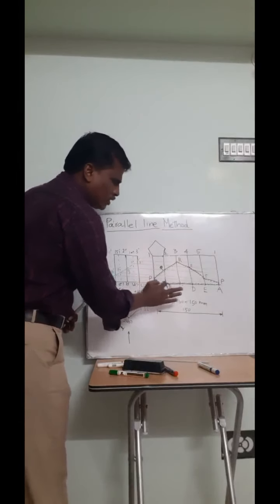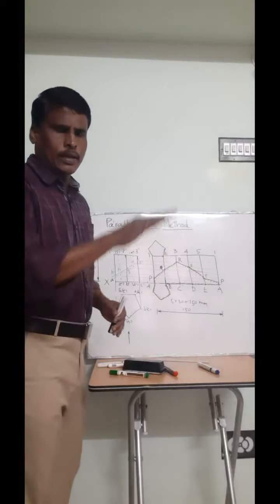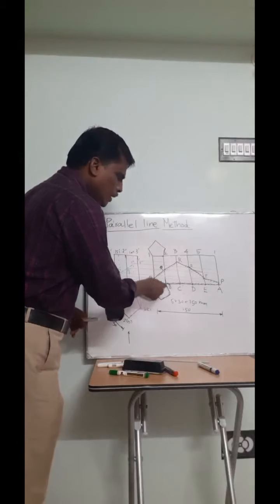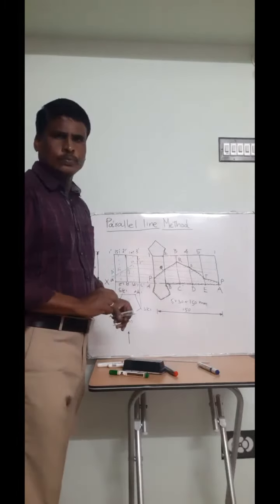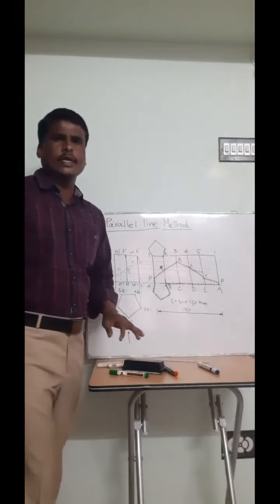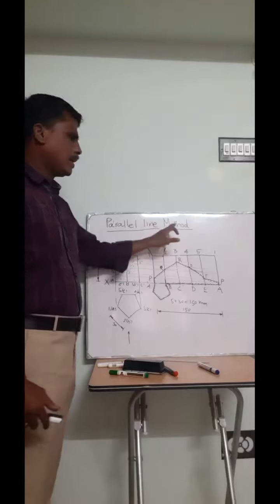We can stop with this portion. If they are asking to draw the development of the lower portion in total, then we have to include the bottom base also. So this is the way to solve the development of a prism by using the parallel line method.